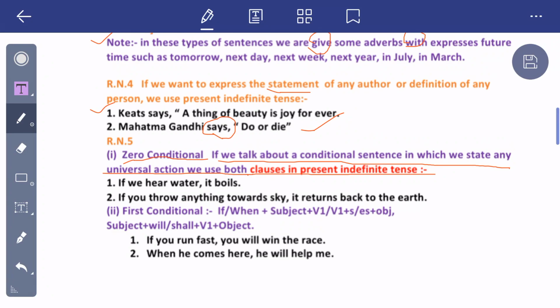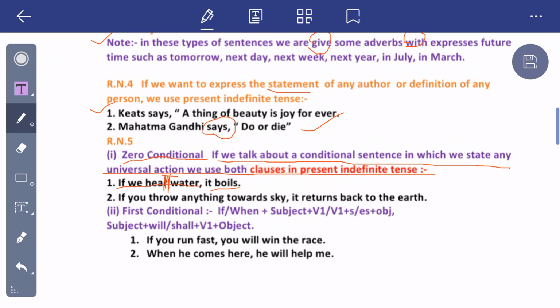It means, look at the first sentence. If we heat water, it boils. Heat is the first form, and boils is also the first form.